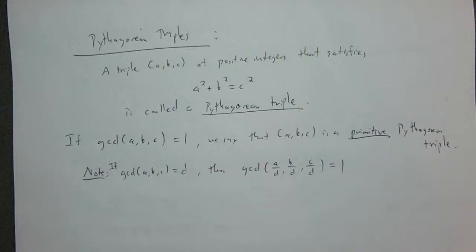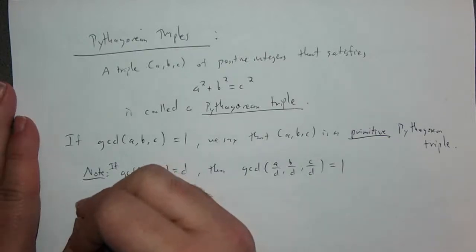And think about it: if a, b, c is a Pythagorean triple, is a over d, b over d, c over d a Pythagorean triple? The answer is yes. So this is the way this works. If you know that one of these is a Pythagorean triple, you get a primitive triple by dividing by their GCD.